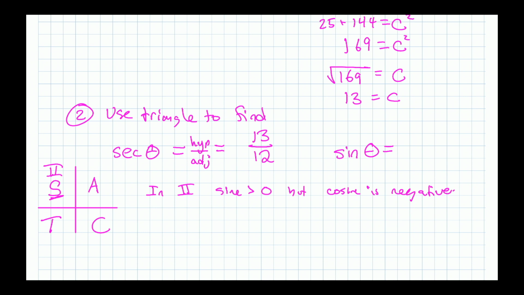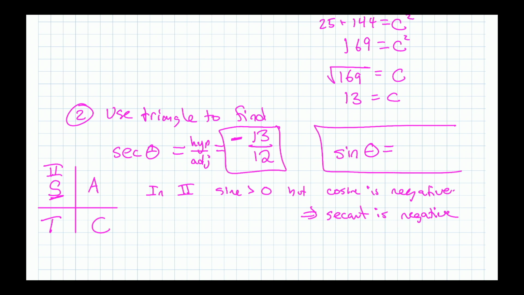So sine is positive, cosine's negative. So if the cosine's negative, then the secant must also be negative, because the secant is cosine upside down. So actually, it's not 13 over 12, it's negative 13 over 12, because it's not a sine or cosecant. All right, and that's the first one we need.